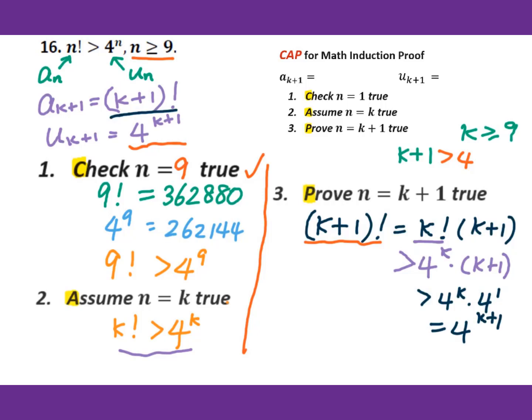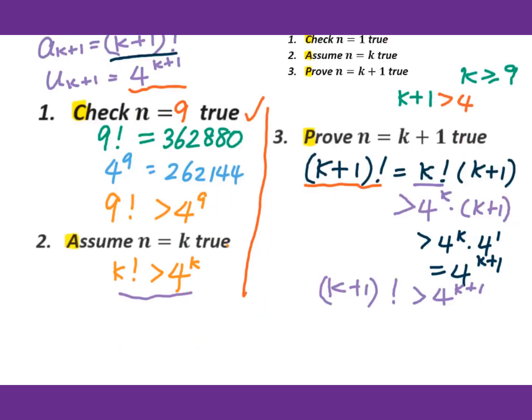So we finish proving k plus 1 factorial greater than 4 to the k plus 1's power. So n factorial greater than 4 to the nth power for n greater than or equal to 9.